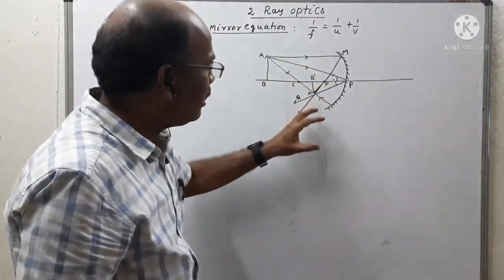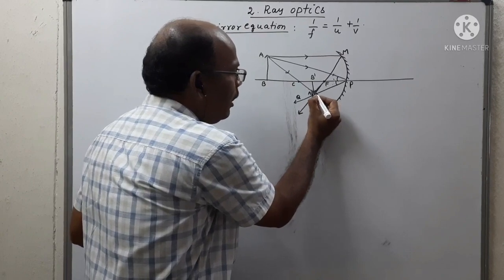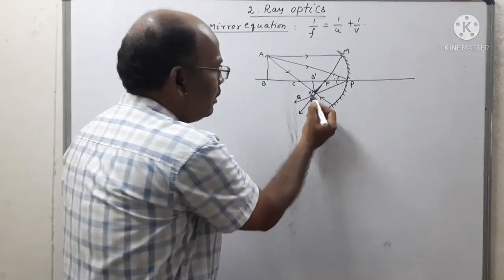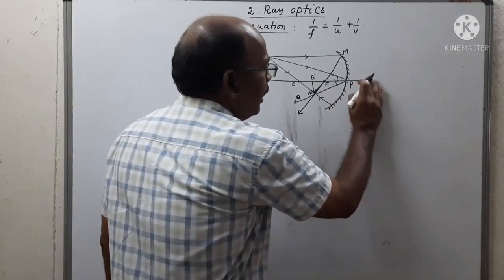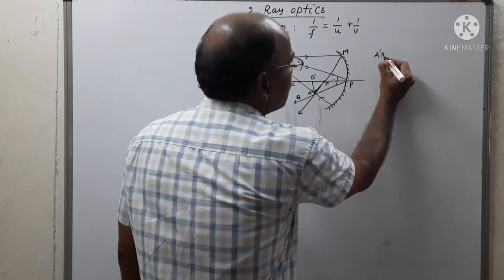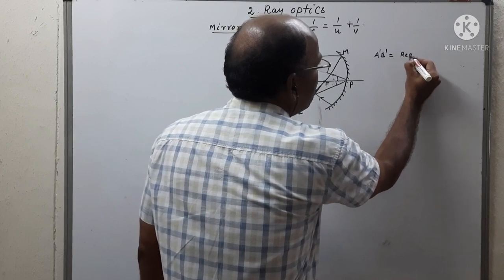So the three rays meet at this point and form a real inverted image which is smaller in size, represented as A dash, B dash. So A dash, B dash is the inverted real image.